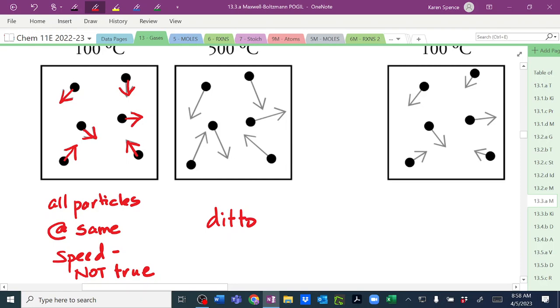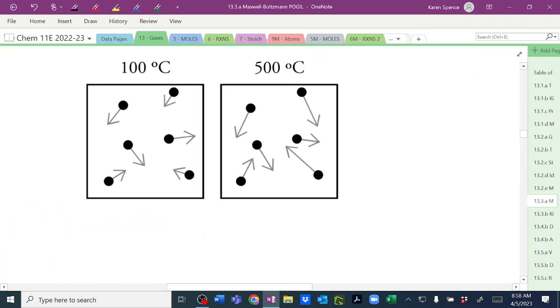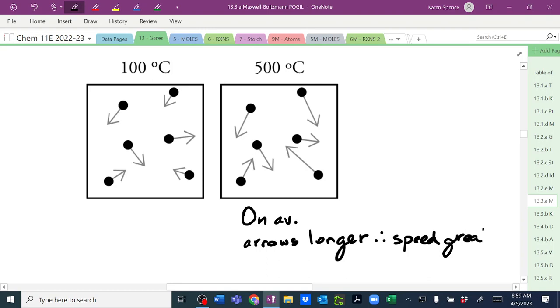So it is better to have, on average, longer arrows, therefore the speed is greater, but we have a variety of speeds.